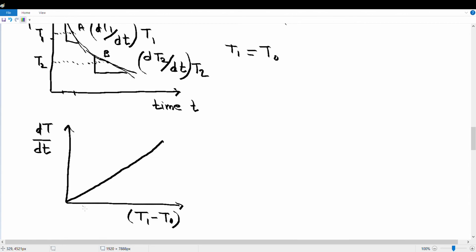This graph tells us that when the temperature difference between the body and the surrounding is 0, then the rate of cooling is also 0.